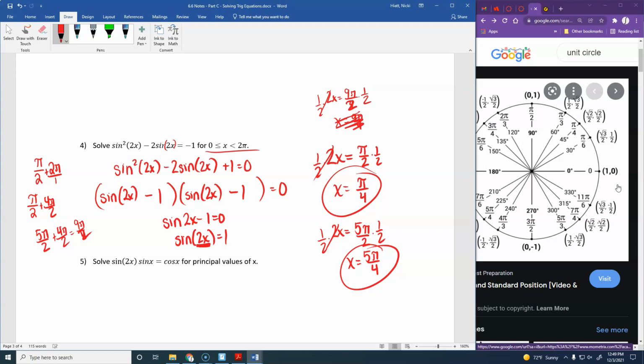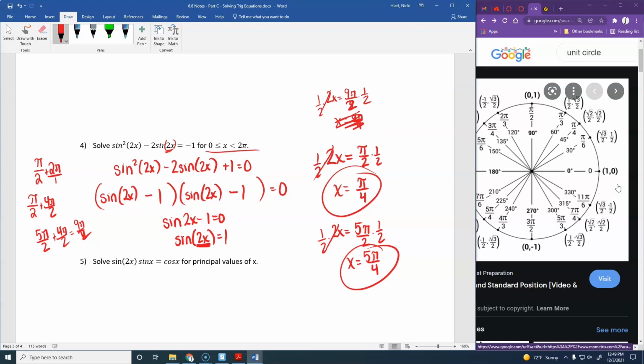In general, though, it's going to be twice whatever area you would normally look at if you've got this 2x right here. So instead of just looking at the unit circle from 0 to 2 pi, we're going to look from 0 to 4 pi. If we're talking about principal values, instead of just looking from negative pi over 2 to pi over 2, we're going to look from negative pi to pi. So twice the area.